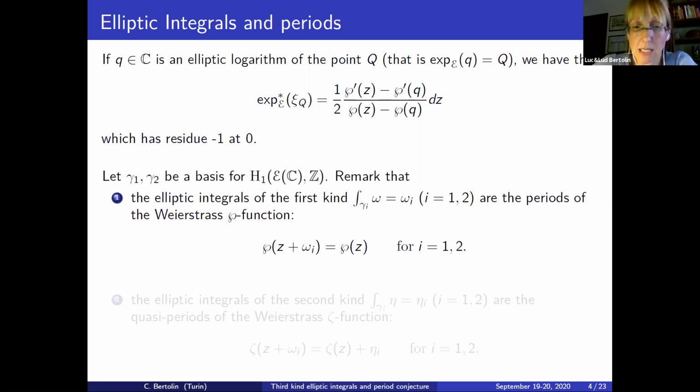This means that P of z plus omega i is equal to P of z. The Weierstrass P function is omega i periodic.